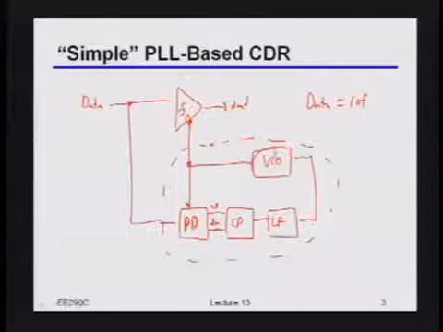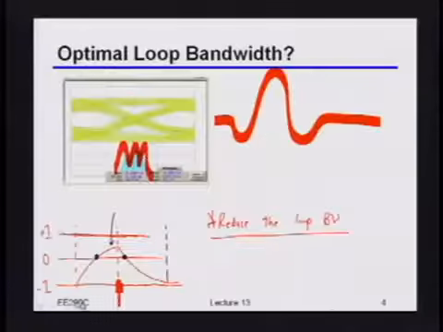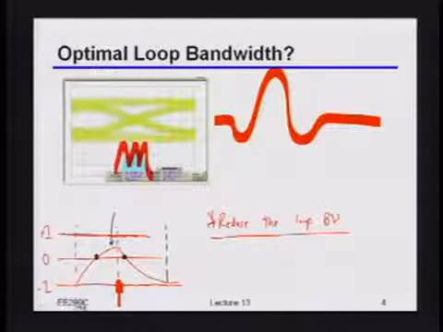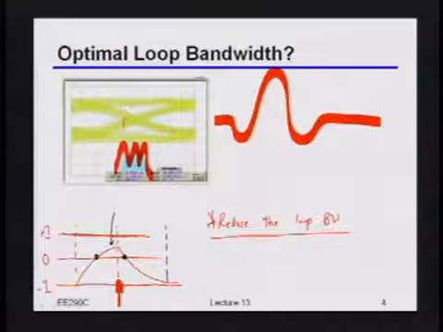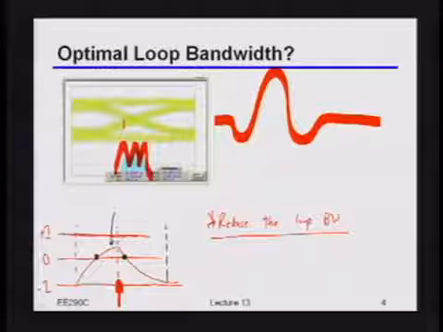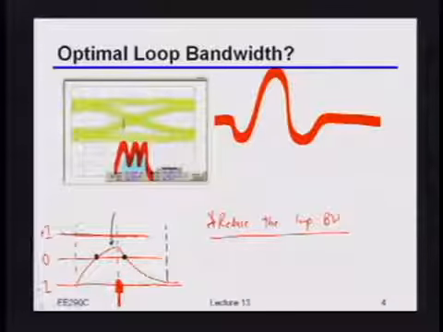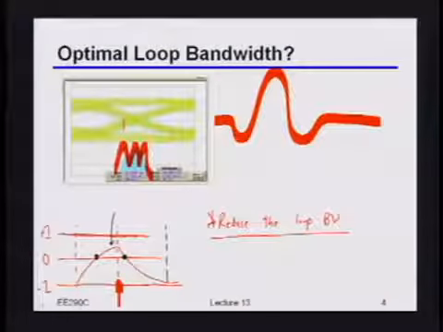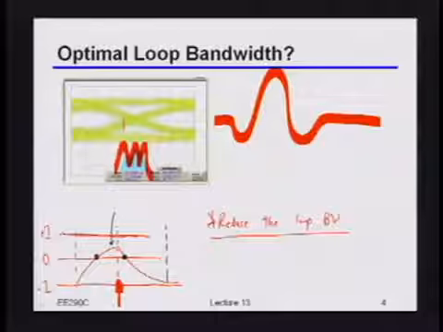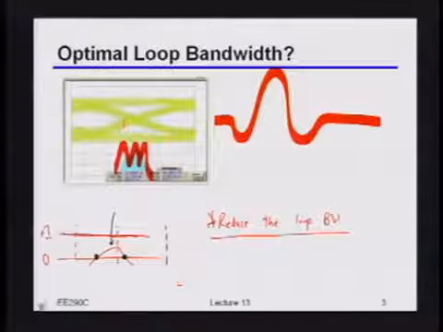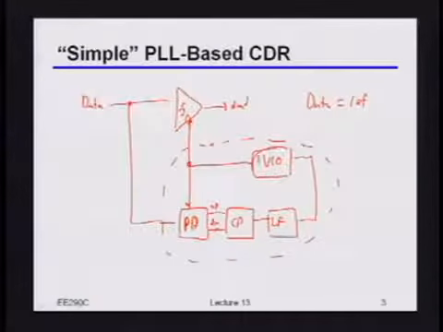And if it has quite a bit of jitter, that tells you that you'd really like to make the bandwidth of this loop high in order to get rid of that jitter. But then the problem we started getting into was, wait a minute, if we make that bandwidth high, then unfortunately all of the jitter sitting on our incoming data, which tends to be quite a bit, if nothing else due to residual intersymbol interference, would be passed very heavily into the output, even if we're killing the noise from the VCO.